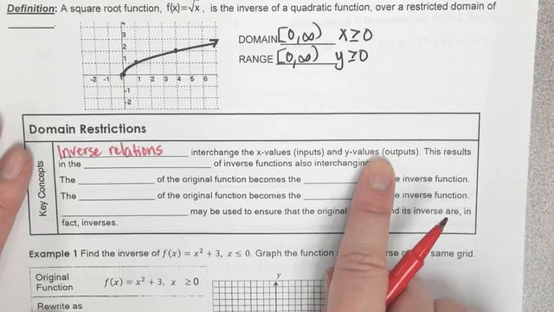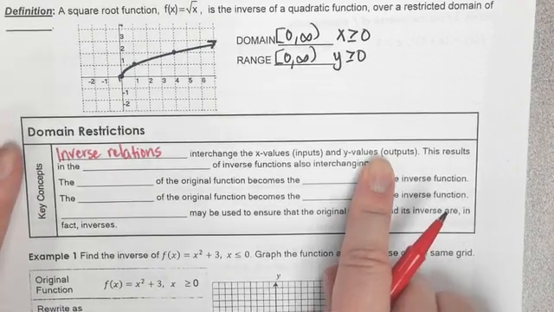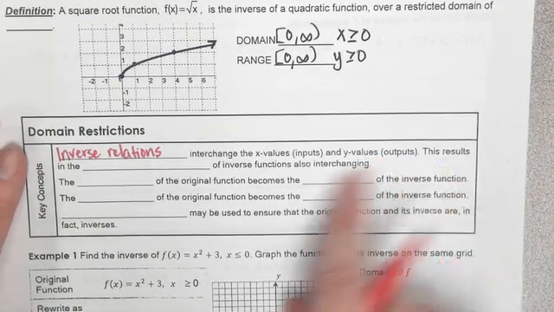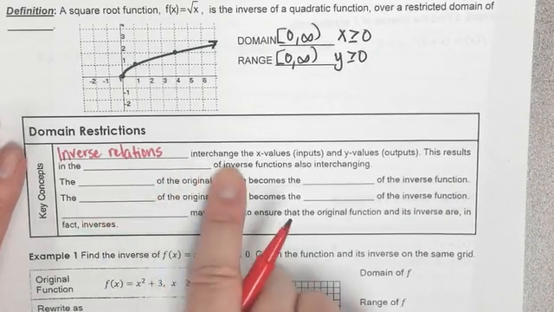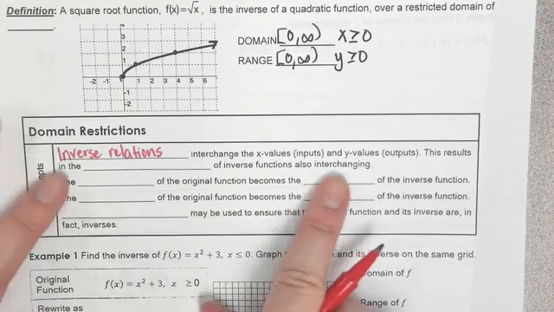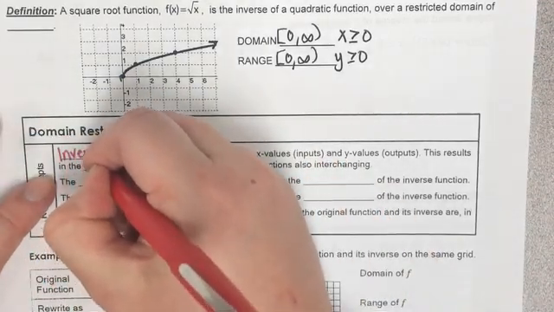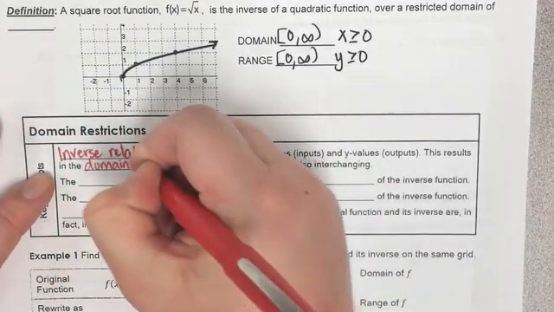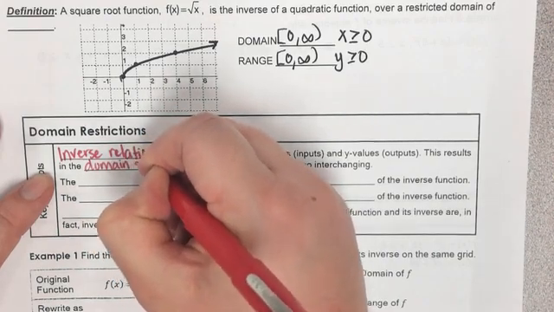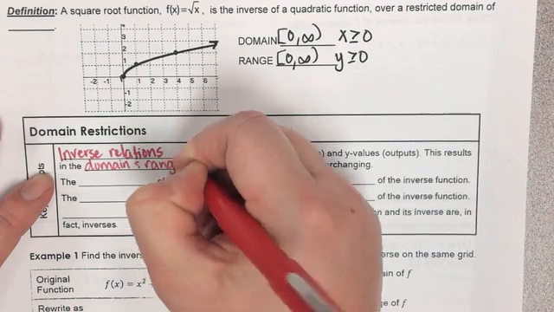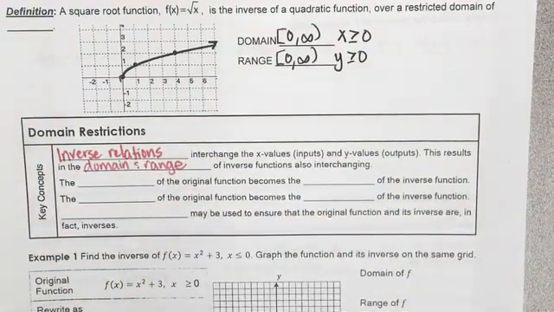You already knew that, right? That's what inverses are. This results in inverse functions also interchanging the domain and range. So we're learning today that we also switch our domain and range.